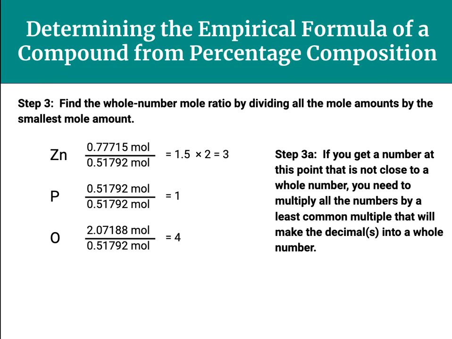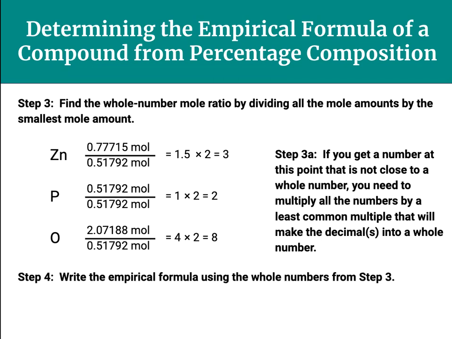So the zinc goes to 3, the phosphorus to 2, and the oxygen to 8. Now we can write the empirical formula of Zn3P2O8.